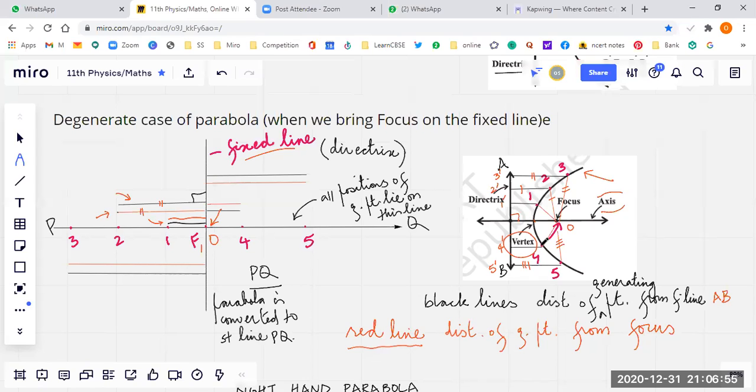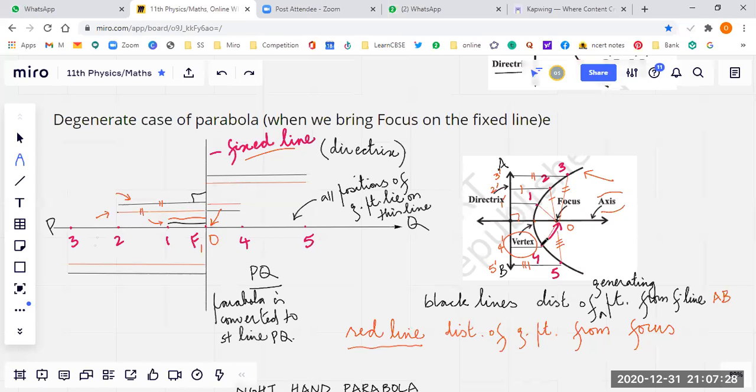Case 5, red line, black line. The black line shows the distance of point 5 from the fixed line, the directrix, and the red line shows the distance of point 5 from the focus. See, this distance is equal to this distance.